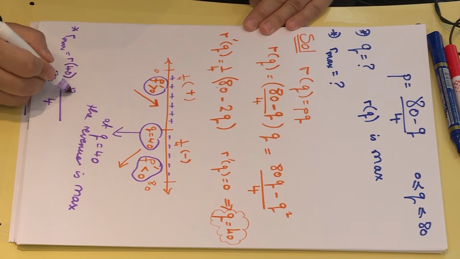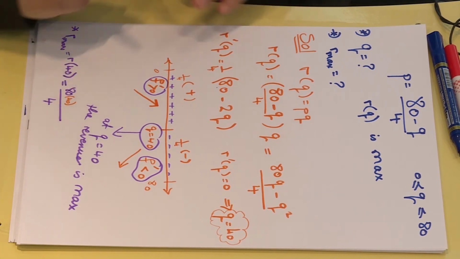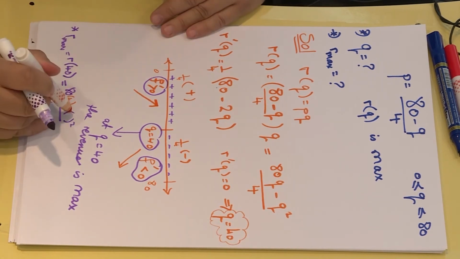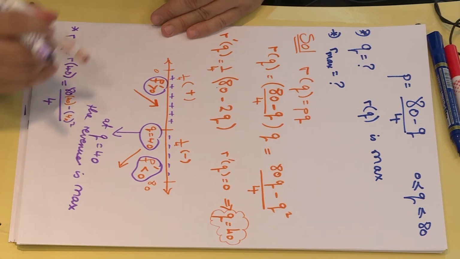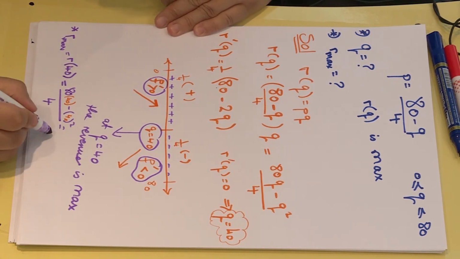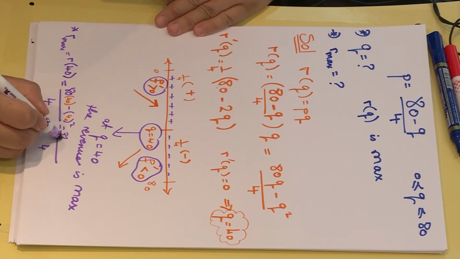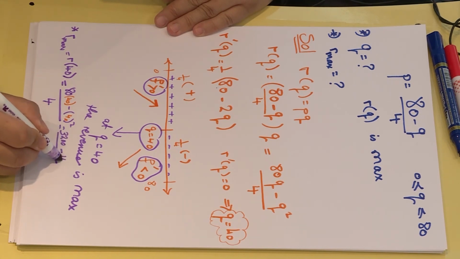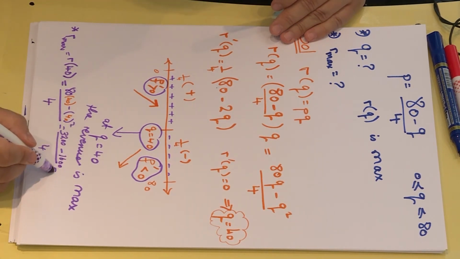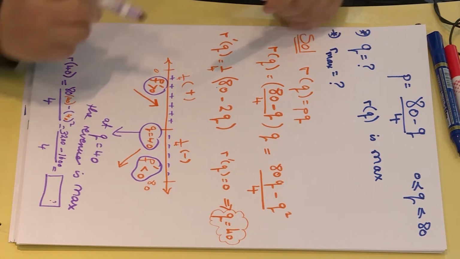I have 80, and this is the 40 minus 40 squared, and we can simply find the maximum revenue by simple calculations. Here you have 4 in the denominator, and up here you have 3,200 minus 1,600, and you simply find the maximum revenue. You calculate it on your own. Thank you.